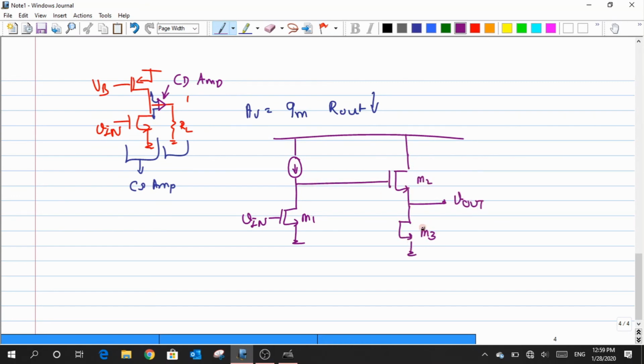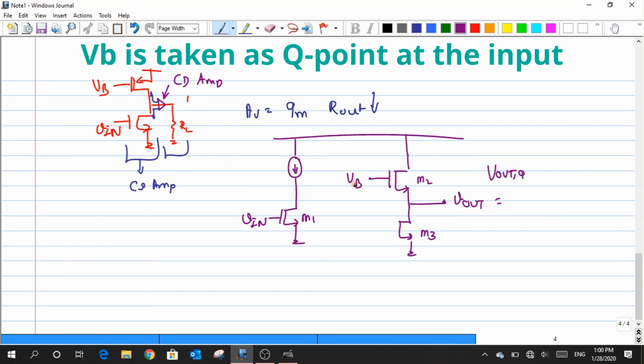Now, how will I define this output Q point here? I just want Vout,Q. Let us forget about this circuit that I have here, and assume that there is some sort of VB here. We'll go with this circuit. Something is falling across the gate and source of my circuit, right?